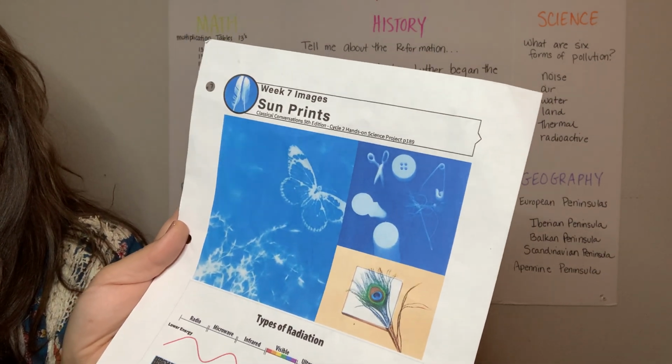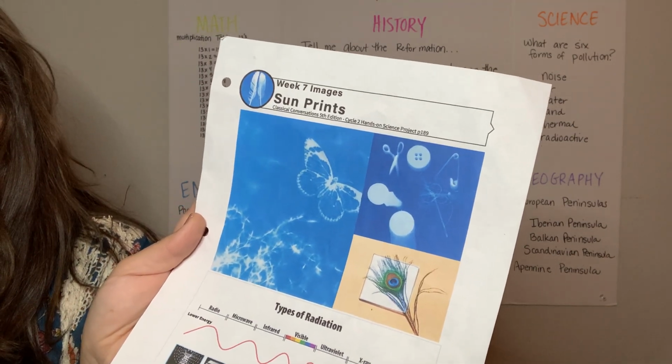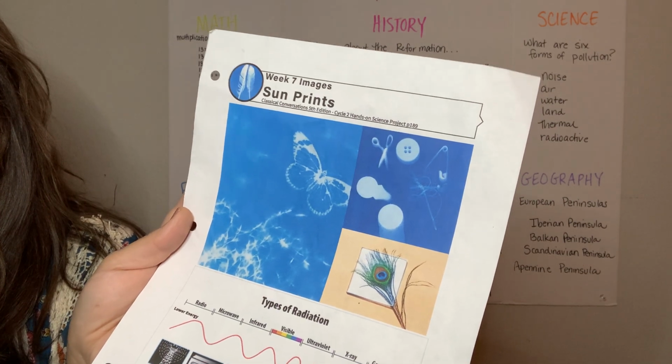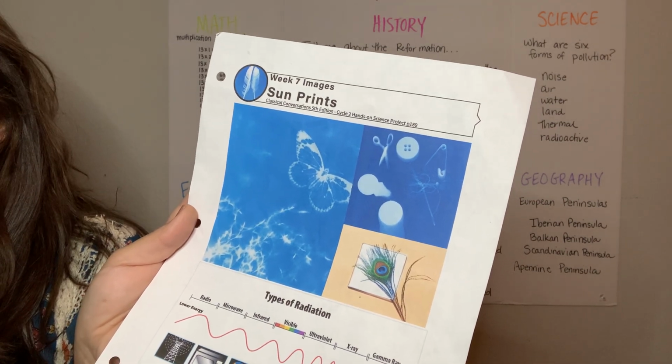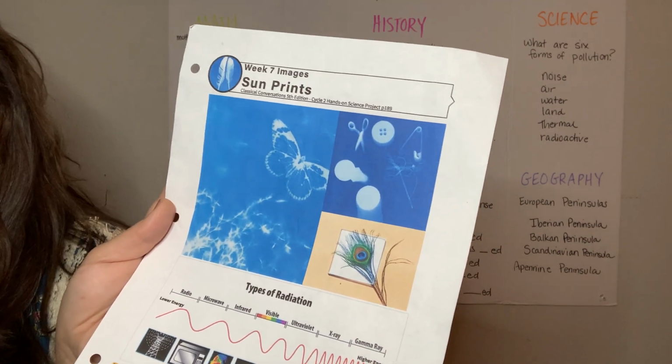The piece of the nature or the bead or the button or the stencil, it blocks the sunlight and prevents the reaction from happening. And the blue areas begin to fade within like 3 to 5 minutes.